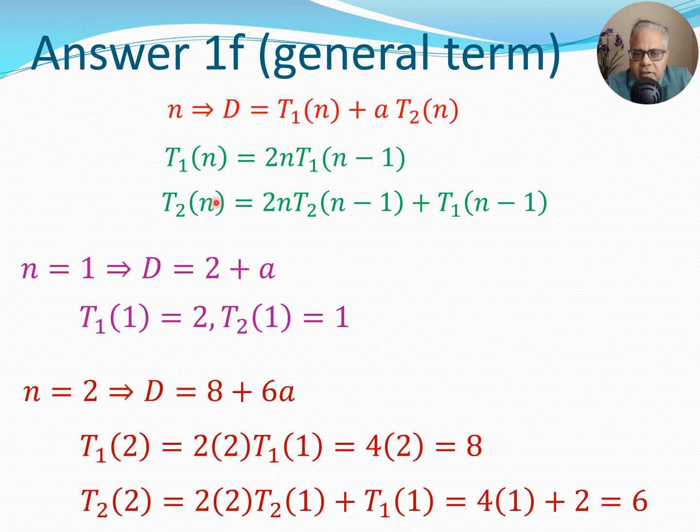So all I have done is that in these equations I have substituted n is 2, and that has given me these values, and I have taken the T11 from this equation in purple, and the T21 from again this equation in purple, which were coming from the previous value of n. So this relationship gives me T12 is 8 and T22 is 6, which is something which I can see in this determinant as 8 plus 6a.